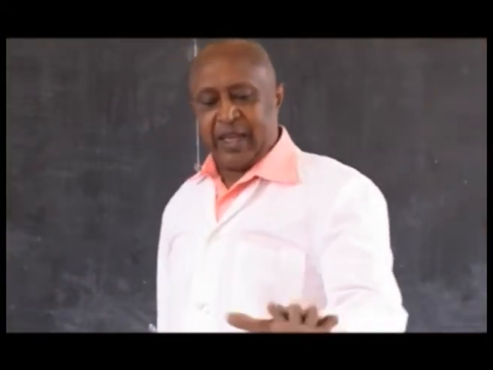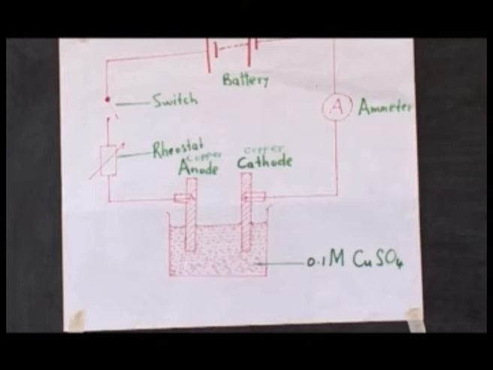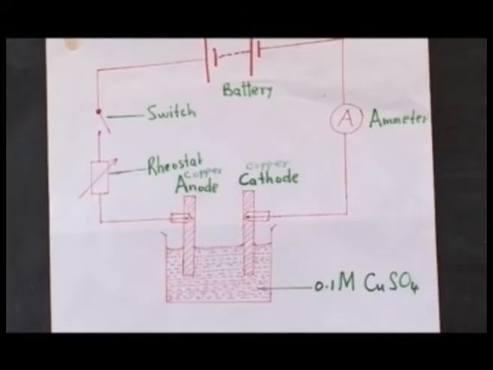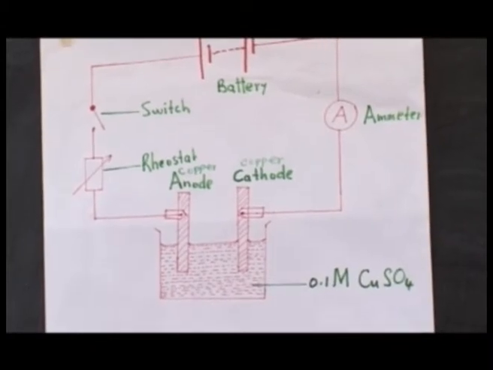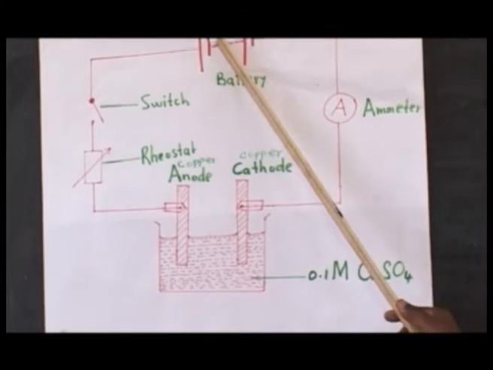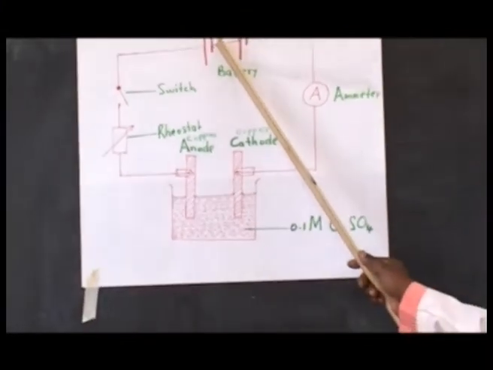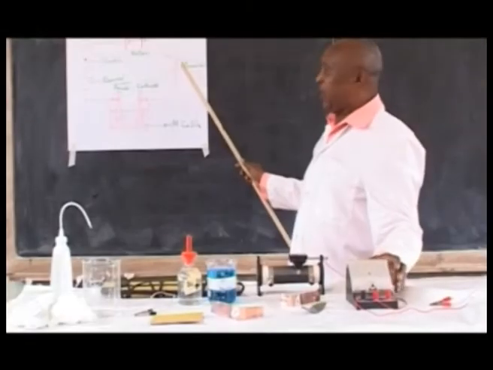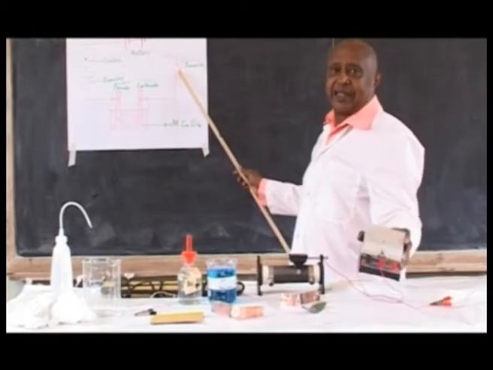Set up the circuit as seen on this diagram. Every apparatus will be joined in series. Start with the battery, which is the DC source. Join an ammeter in series.